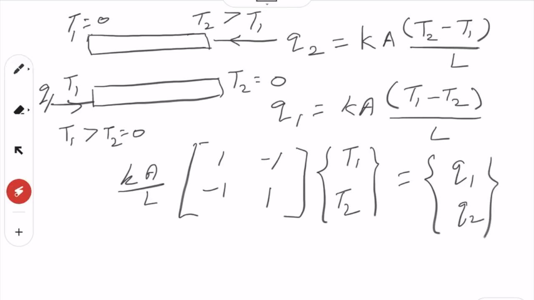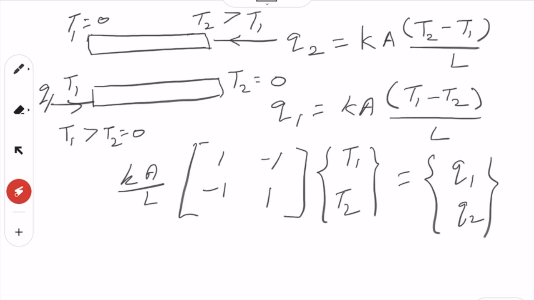Okay, let's go one by one. So Q1 is equal to K A over L, then T1 minus T2. So we have T1 multiplied by 1 and minus 1 multiplied by T2, which makes T1 minus T2, right.